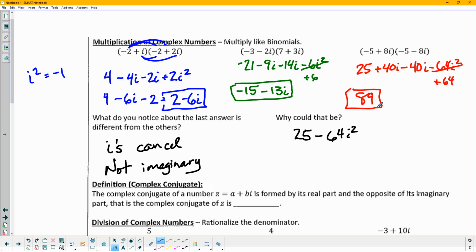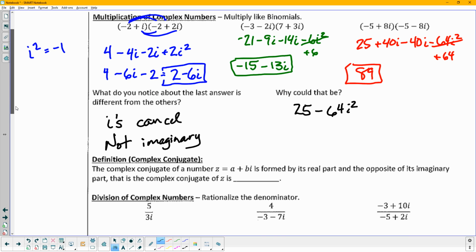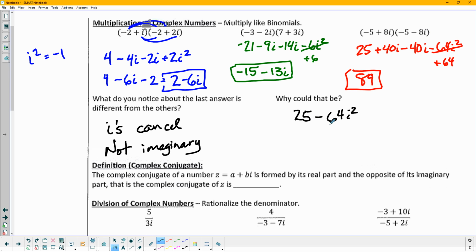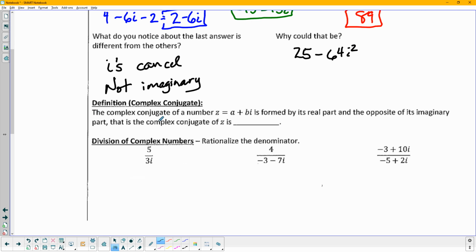If I were to factor that out, I would factor it into this. So yes, it is that idea of difference of squares. In the math world, we don't call that a difference of squares, because that's kind of a weird way to look at it. It's actually called the conjugate. And in this case, since we're dealing with complex numbers, it's called the complex conjugate.